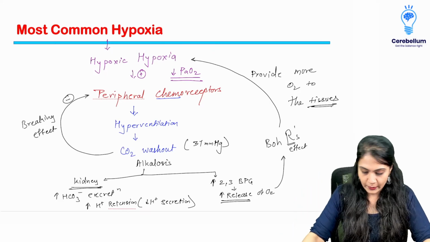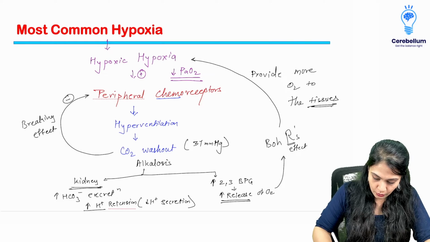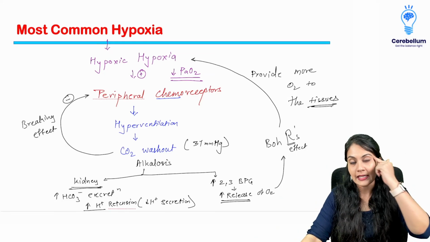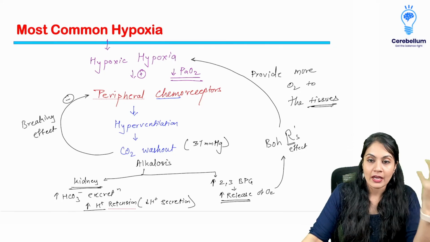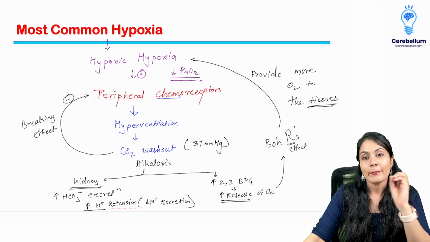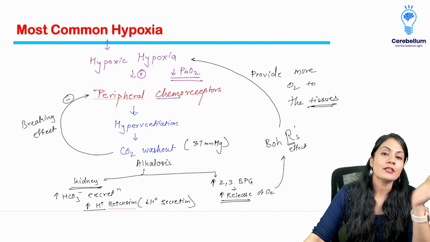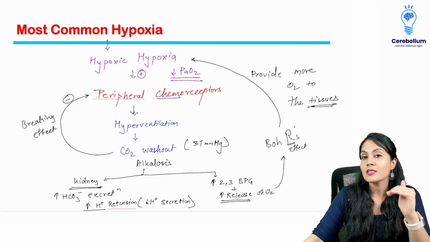So please remember. Now, because of the increase in the retention of H plus ion, one more thing is that the CSF is going to have a little more acidic environment. Of course, the H plus will not cross, but the CO2 also starts to accumulate there, and that is going to lead to a change in the pH of the CSF eventually.